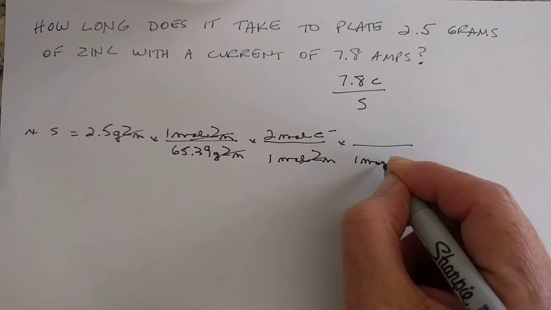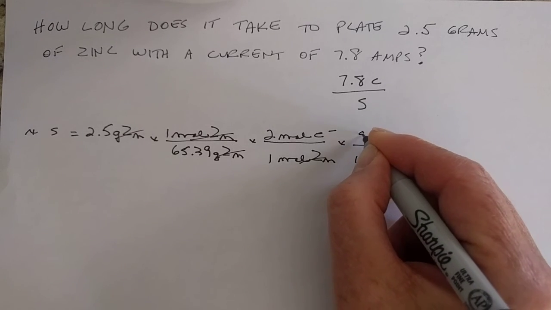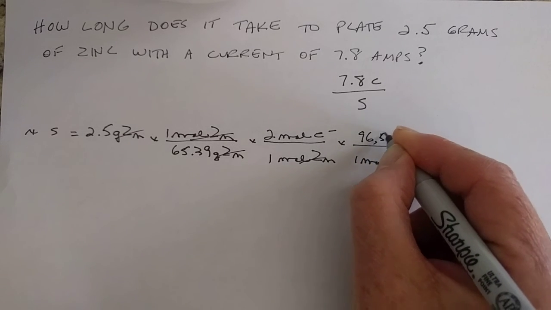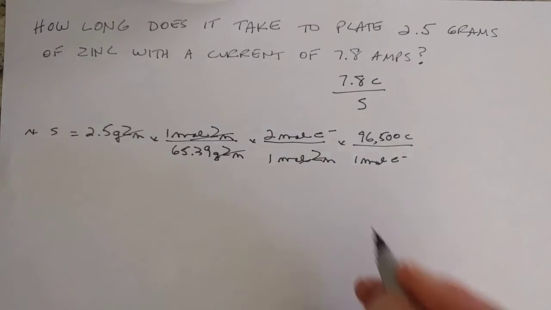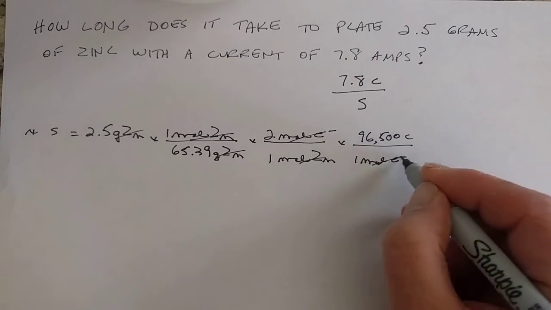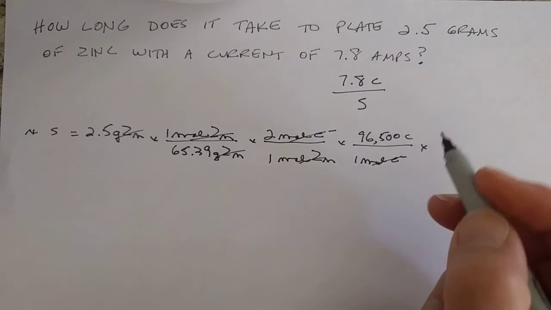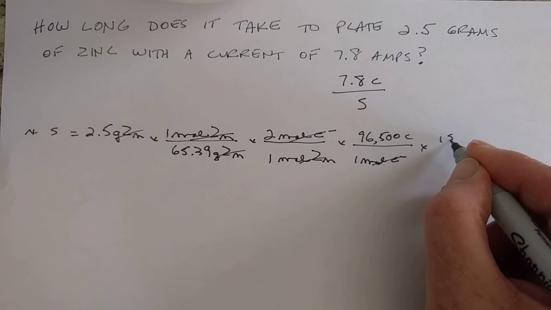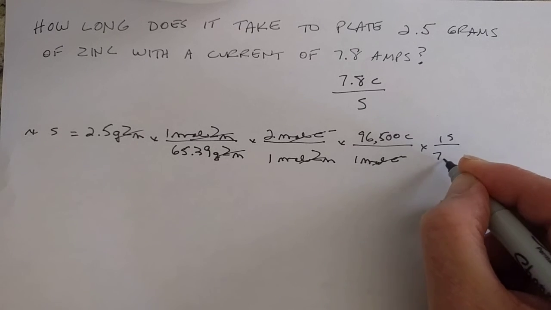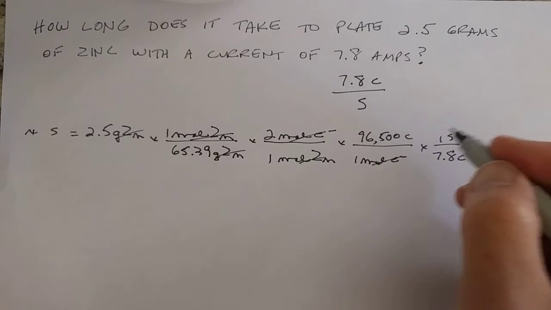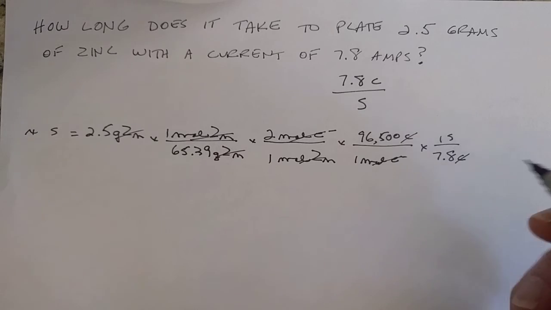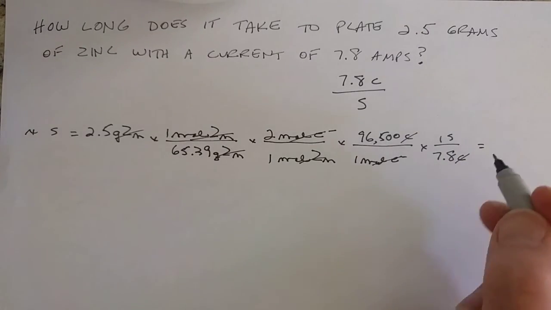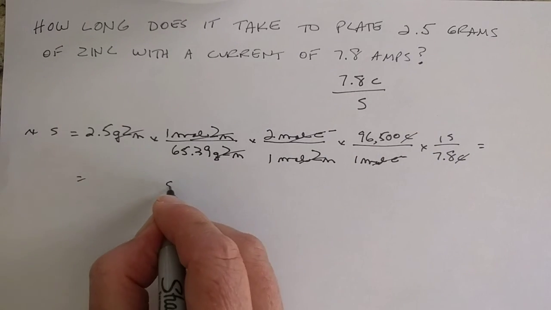So 1 mole of electrons carries 96,500 coulombs of charge. Moles of electrons cancel out. And now I can use my amp conversion factor. So for every 1 second, there is 7.8 coulombs of charge that gets carried. So everything cancels out except for seconds, the unit that we want.